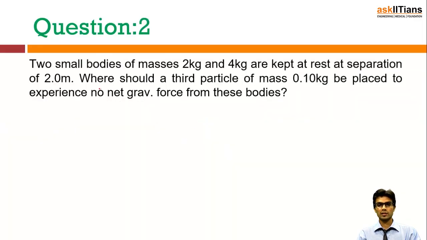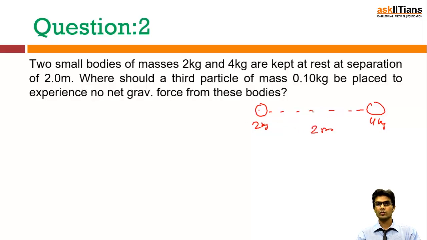Two small bodies of masses 2 kg and 4 kg are kept at rest at a separation of 2 m. Here this is the mass of 2 kg and the other one is here, 4 kg, kept at a separation of 2 m.